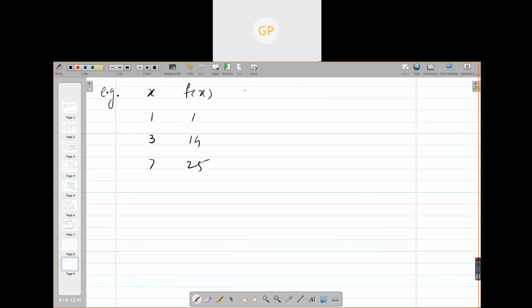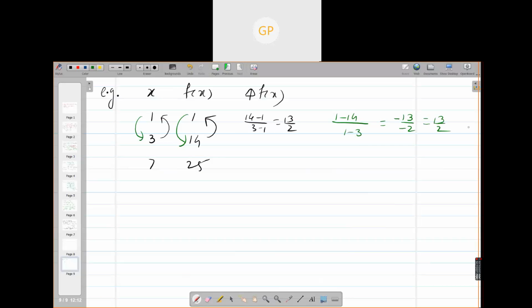Usually we take in this direction: 14 minus 1 upon 3 minus 1, so this becomes 13 upon 2. Instead, I will take the opposite direction: 1 minus 14 divided by 1 minus 3. Naturally that becomes minus 13 upon minus 2, which is the same as this. Are you getting it?